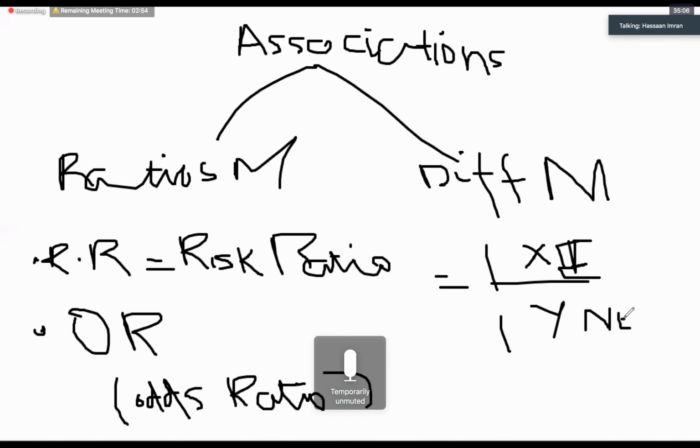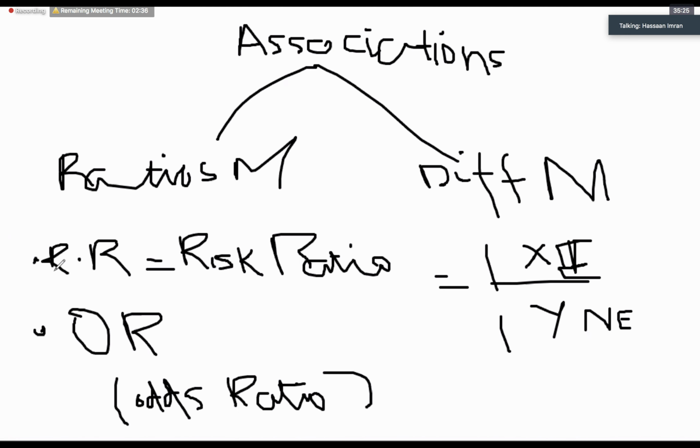Yes, ma'am. So that's why we call it a risk ratio. Most of the time in exams, they ask you to calculate the risk ratio. Whenever they ask you for the risk ratio, rest assured that they are talking about relative risk, right?